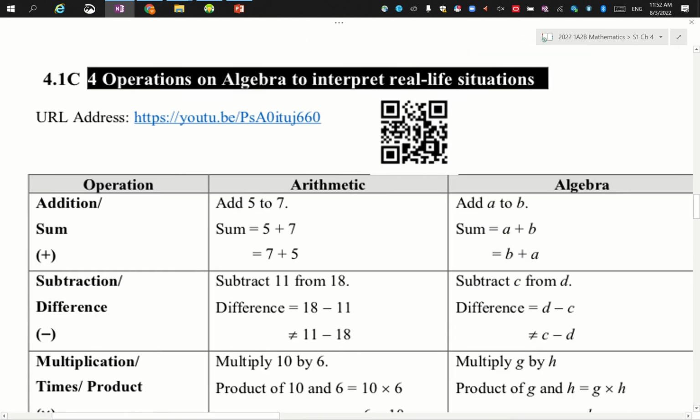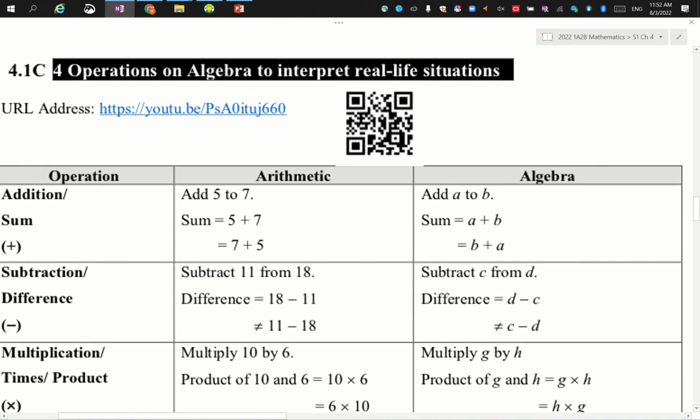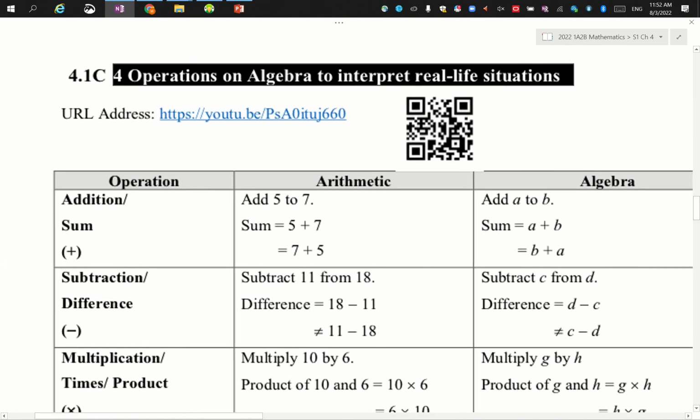The next one. Now we have some interpretation, some keywords we need to know. They are called operations. The first and most basic one we should learn before primary school, addition lah. The adults in your family will tell you, oh, what is 1 plus 1? 2 lah. Okay. Addition, sum, plus, all mean the same thing.